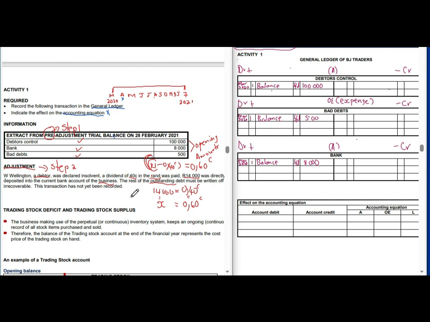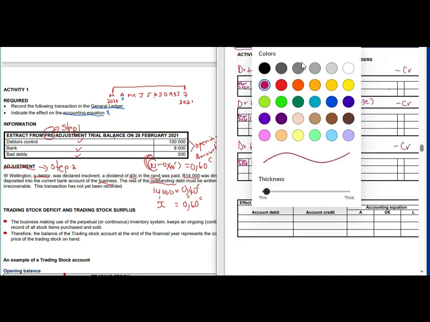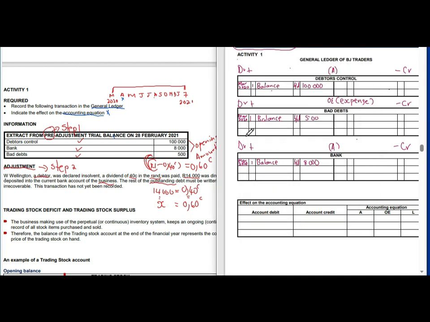Now, guys, let's record this information as they told us that this transaction has not yet been recorded. As we got 14,000, it's an inflow of money, so it's going to go to our bank account, which will increase.